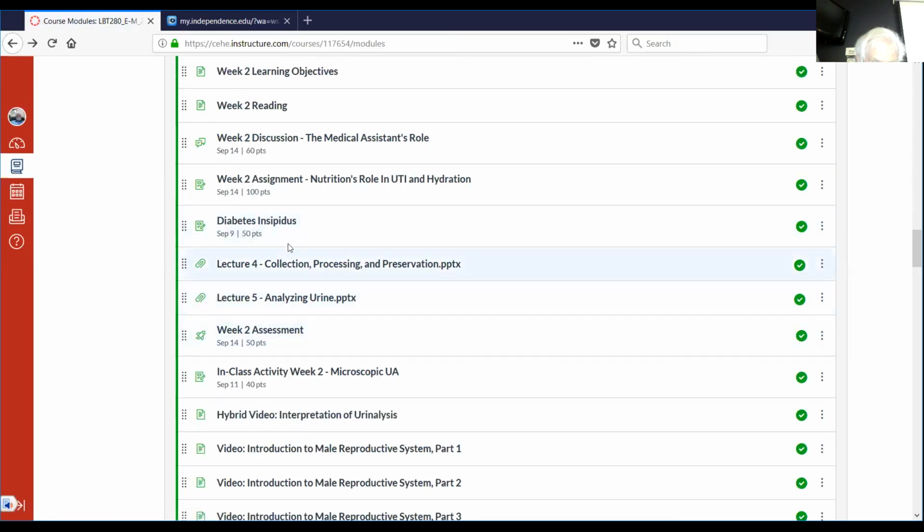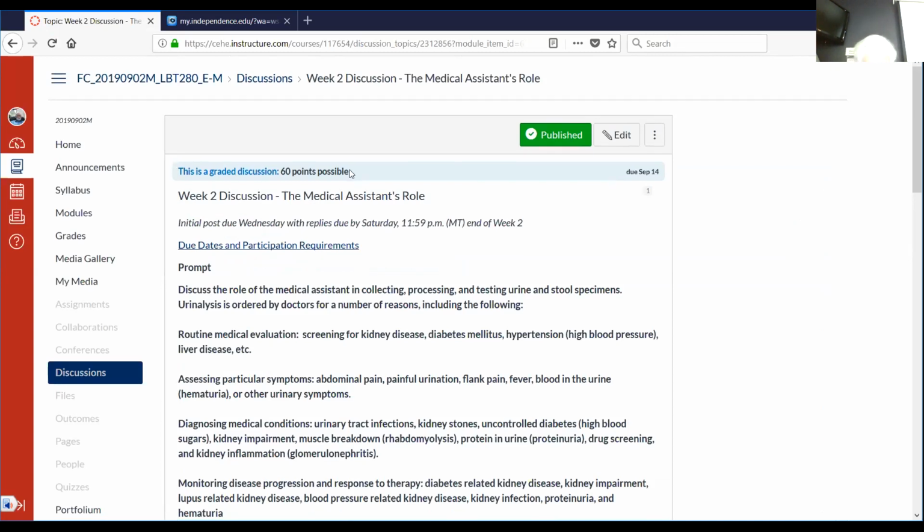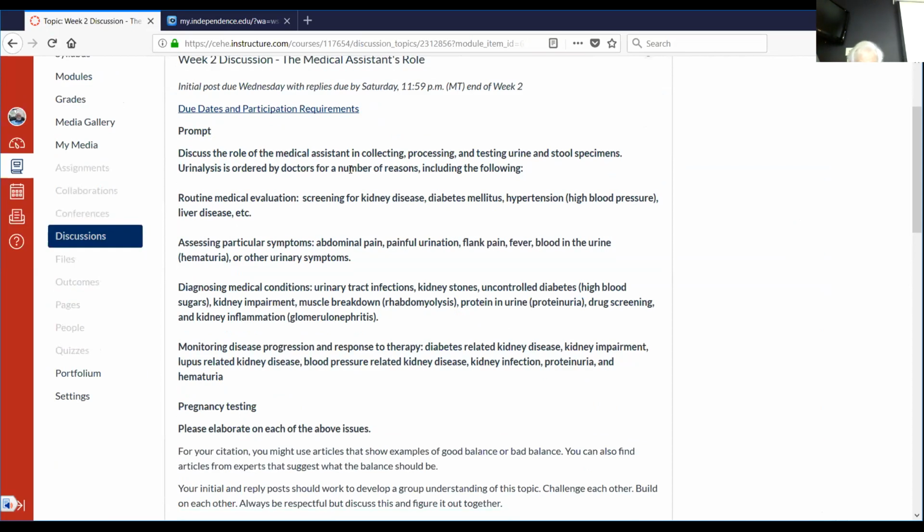We'll do those. The discussion this week is about the medical assistant's role in urinalysis, processing, testing of urine and stool specimens. So here is a listing of some of the reasons doctors may order a urinalysis.